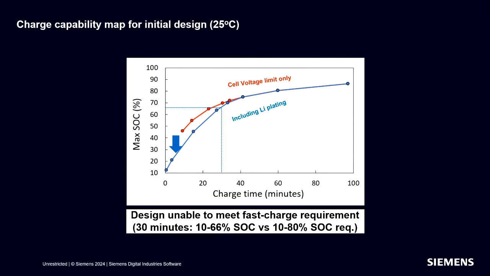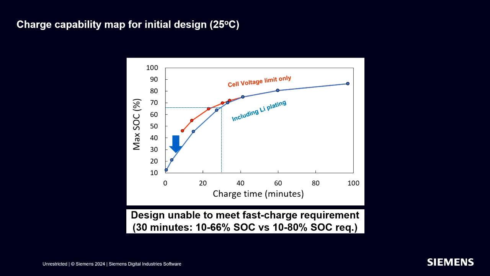Now here I show a fast charge capability map for the cell. The map displays the maximum state of charge, or SOC, the cell is able to reach versus the amount of charge time available. This map is constructed by evaluating the cell response to various C rates, as shown in the previous slide.